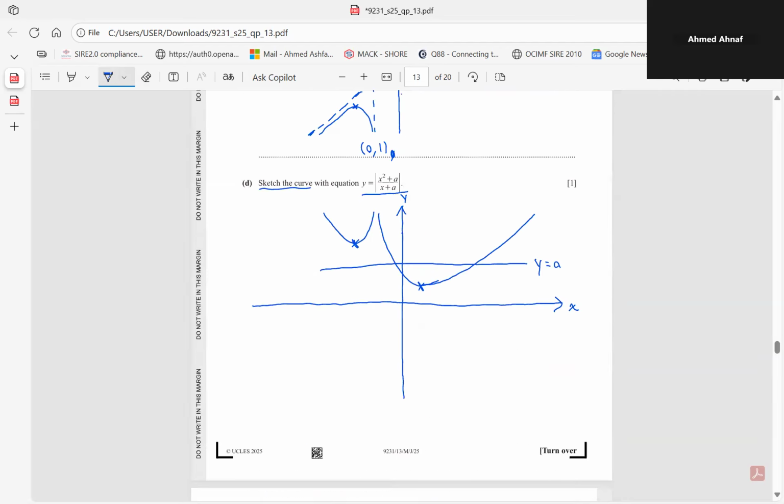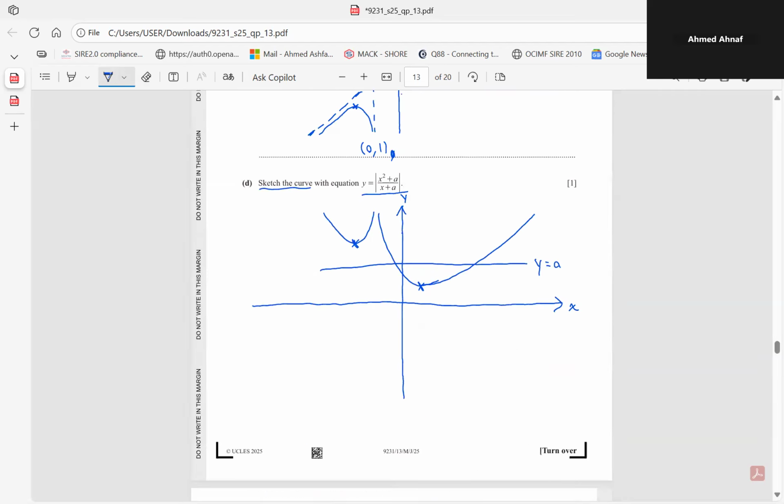So b squared is minus a squared, so a squared minus 4ac more than 0. Now let's form our equation. So minus 4 plus 4a squared. So this is 5a squared minus 4a more than 0. Okay, now let's take out the a. So this is a times 5a minus 4 more than 0.